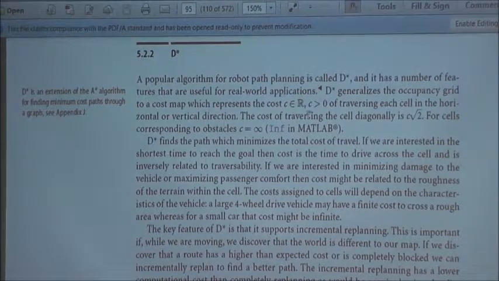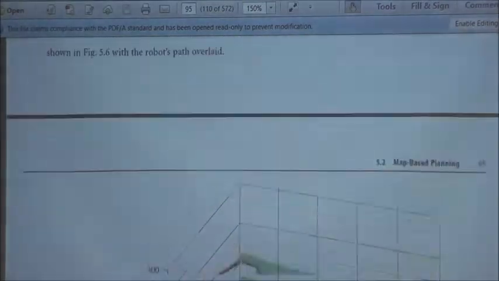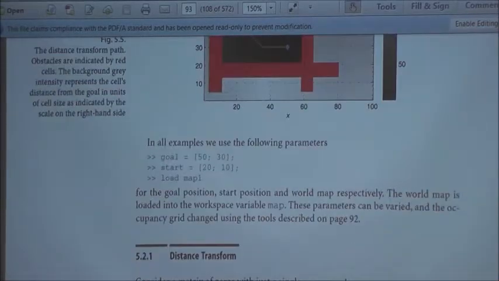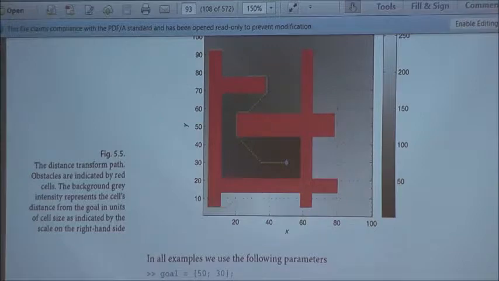Now, the cost of traversing a cell diagonally, as I said, is c square root of 2. For cells corresponding to an obstacle, it is infinite. So if you want to go from here, let's say from this cell right here, you're going to go to this cell, the cost is infinite because it's an obstacle.